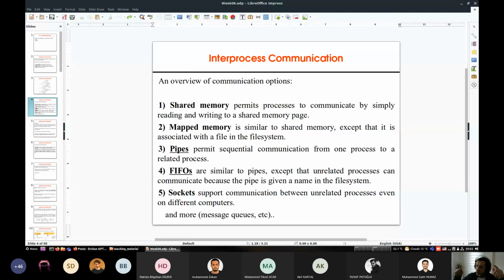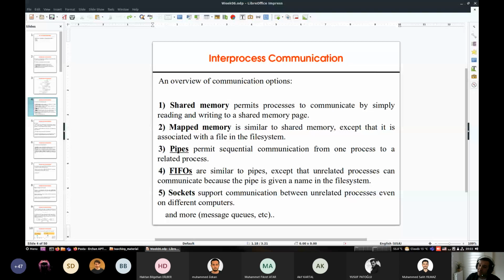Basically, the idea is very simple. You have 2 processes that want to communicate, and they both say to the kernel, look, kernel, we know that we are distinct processes. We know that you don't allow us to have a common address space, but we are requesting you to set aside a section in random access memory, a special section that will be accessible to both of us.